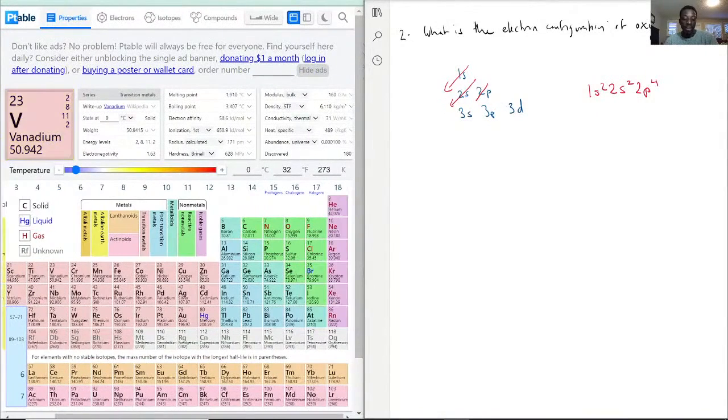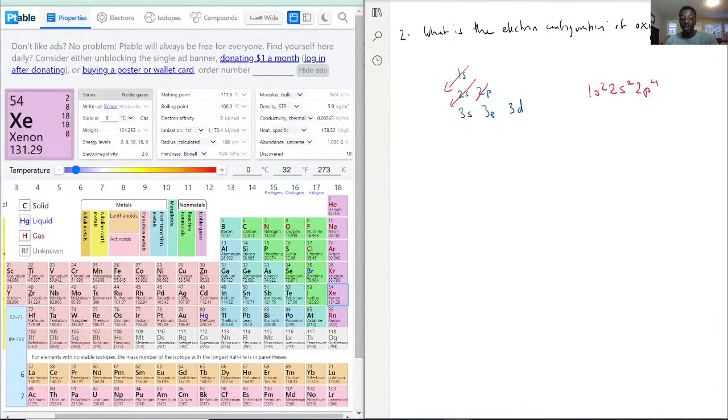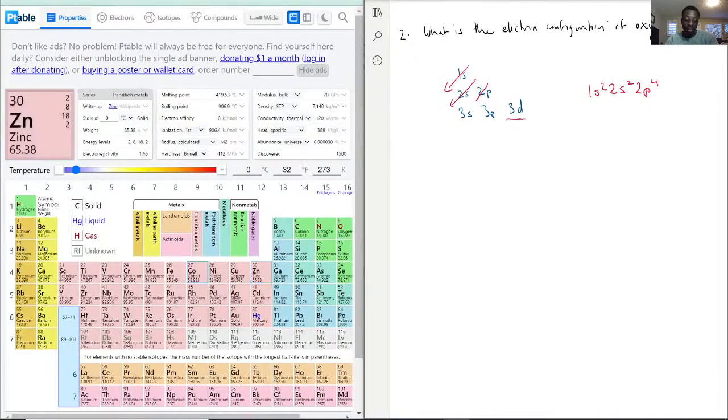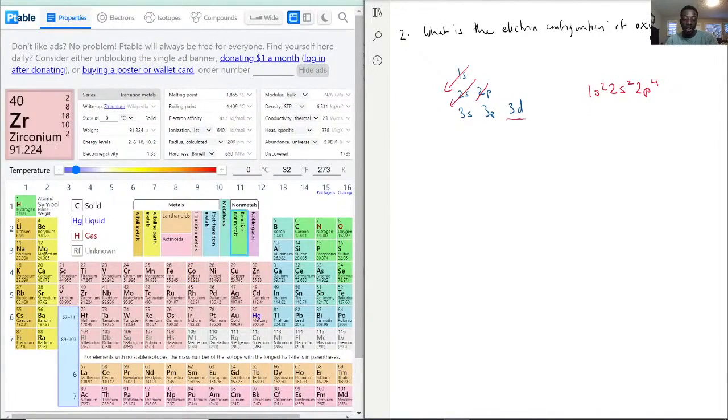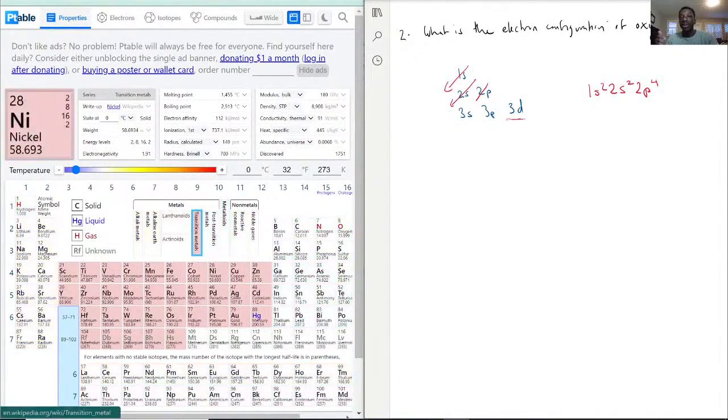And then the second subshell, the P, would be between columns 13 and 18, not including helium. And then as you see here, I also have a 3d, for example. Your D subshells are actually the transition metals, typically between columns 3 and 12. And then there's also another subshell, but we don't really need to discuss that right now.